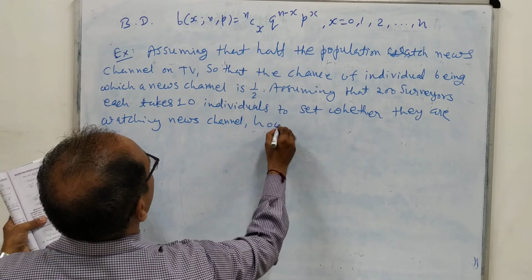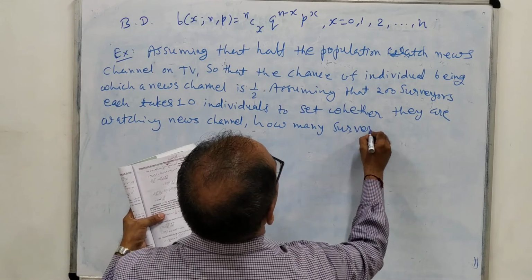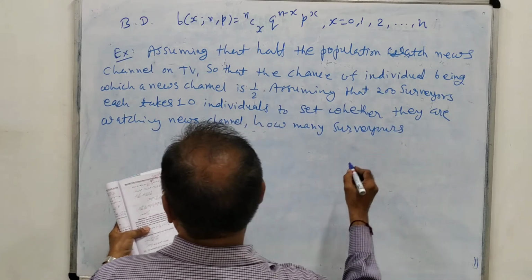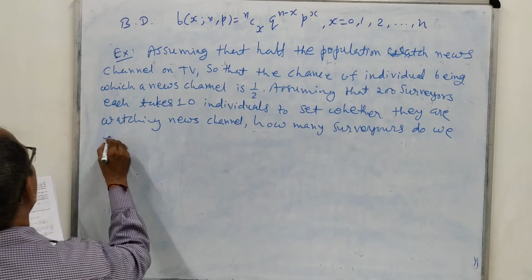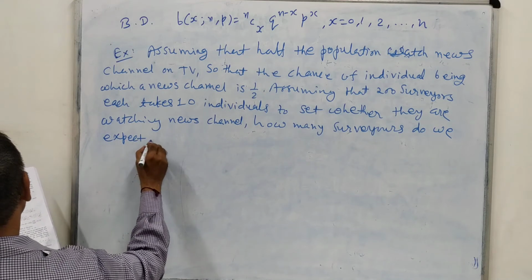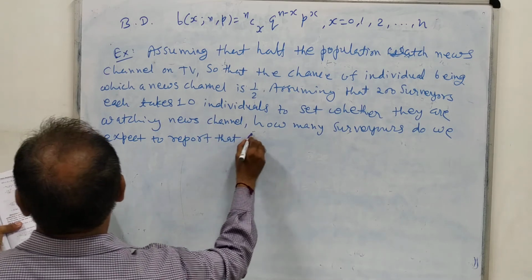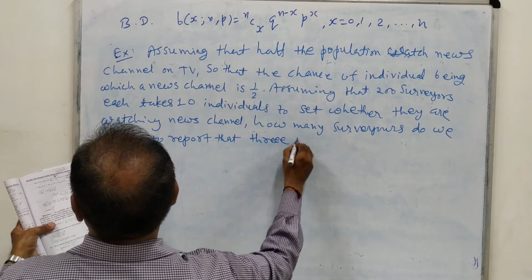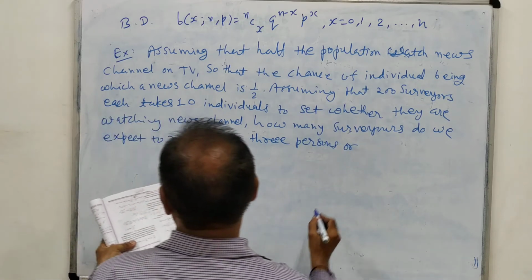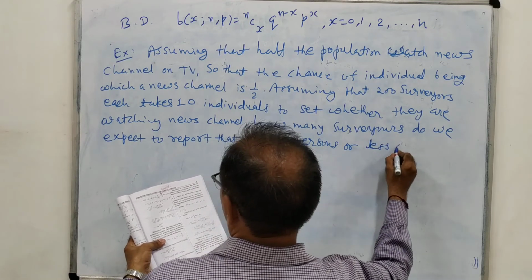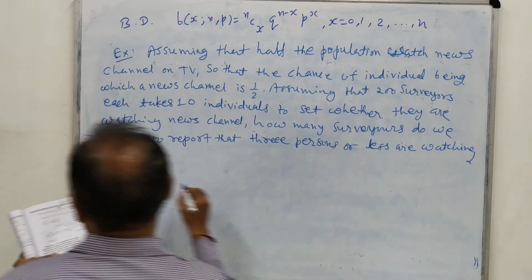How many surveyors do we expect to report that 3 persons or less are watching news channels?